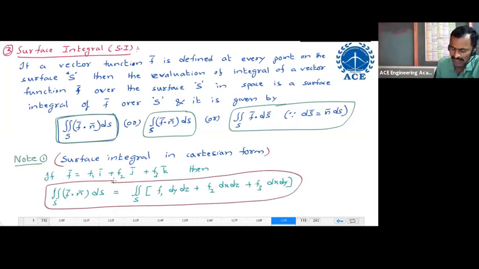This is just like the line integral in Cartesian form. The line integral in Cartesian form is integral over C of f1 dx plus f2 dy plus f3 dz. Like this, it is a surface integral in Cartesian form.